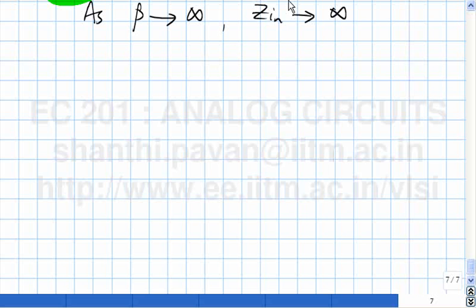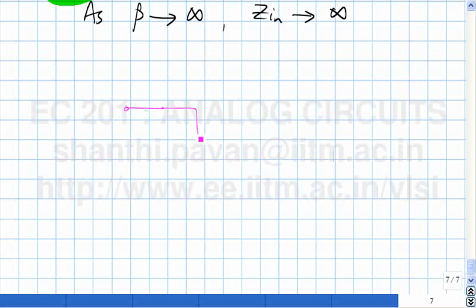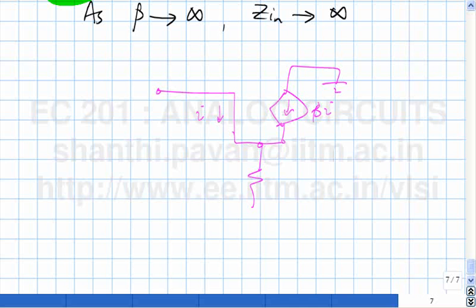You can think of it in the following manner. If you had a current controlled current source, let's say this was I and this was beta I, then even though you inject only a current I from the input, the total current flowing into this resistor is beta plus 1 times I. So the voltage drop across this resistor is beta plus 1 times larger than what you would expect if only I had flown through it.